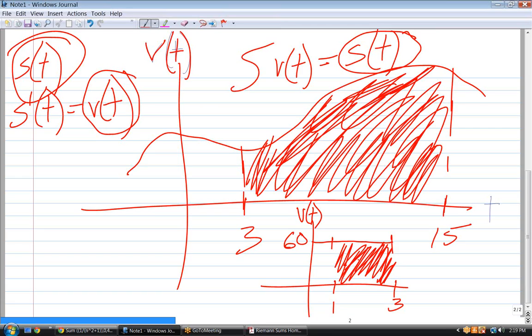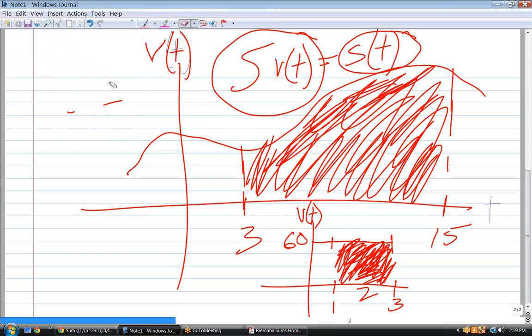We can use geometry. It's got a base of 2, a height of 60. That area under that curve is 120 miles. So when you have a velocity function, if you can find the area under the curve, which is the same thing as taking the integral or antiderivative, then you're going to get the total distance traveled, the total displacement. Makes sense.